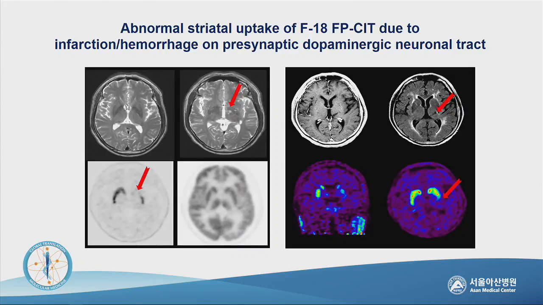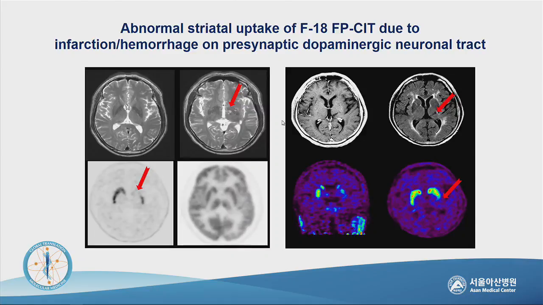Actually, in old patients, we can frequently see small and large vascular disease on MRI. So a previously known infarction or small lacunar infarction, in not only the striatum but also the nigrostriatal dopaminergic neuronal tract, may cause an atypical pattern of striatal uptake on FP-CIT PET.